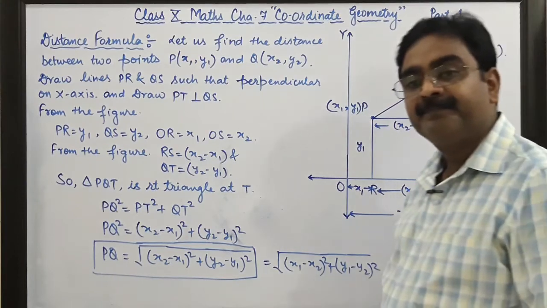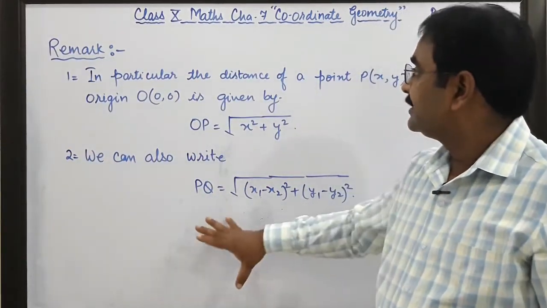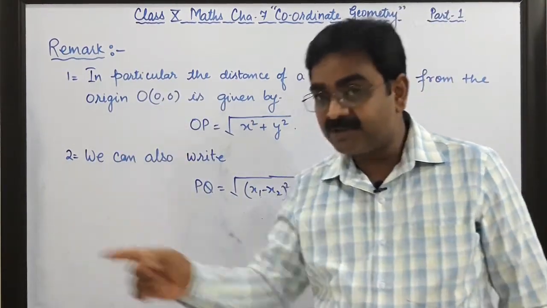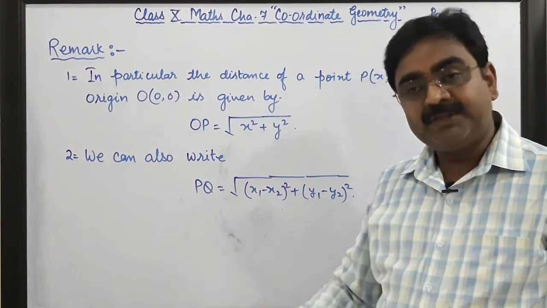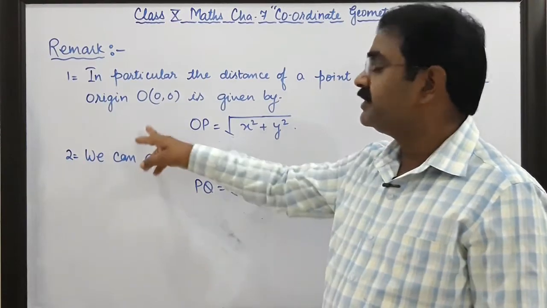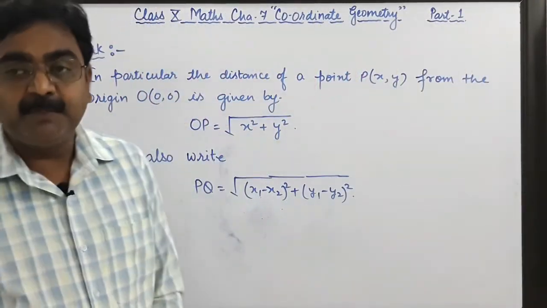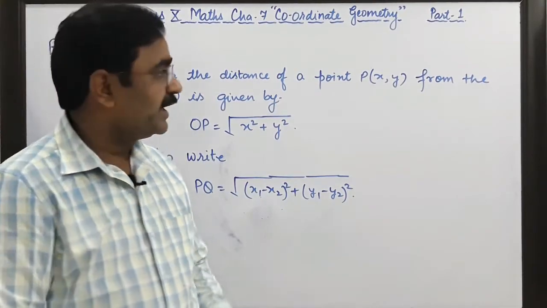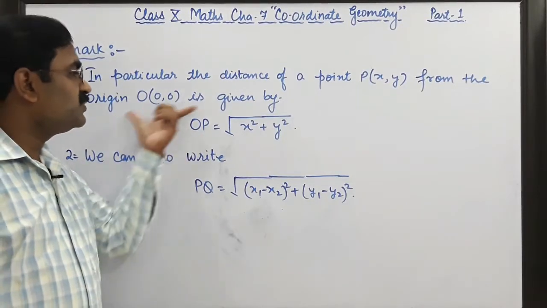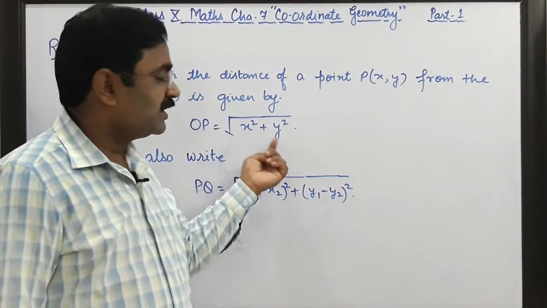Okay friends, see the remarks which are based on the distance formula that we have discussed already. What is the remark? There are 2 points given. First, in particular, if you are going to find out the distance of a point P whose coordinate is (x, y) from the origin, this is the distance between P and O, meaning OP can be written as the square root of x square plus y square.